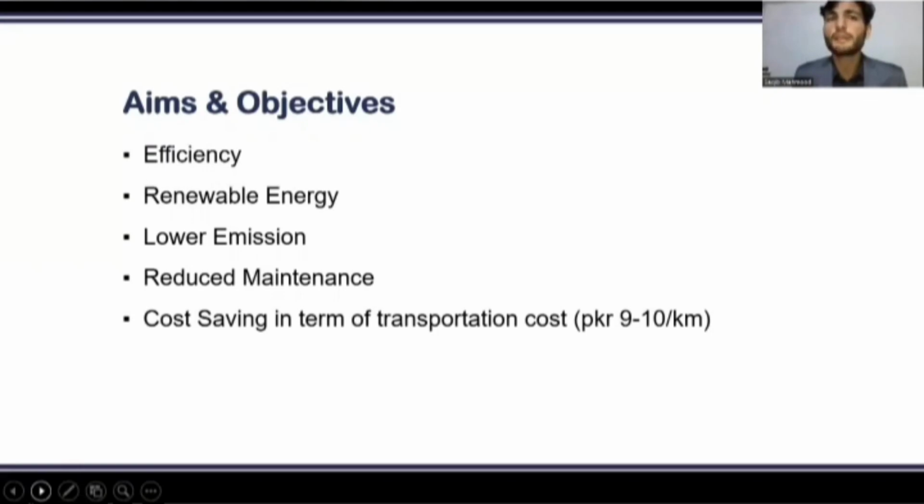It is estimated that an electric vehicle uses 1 to 2 PKR per kilometer to move from one place to another, while an internal combustion engine uses 9 to 10 PKR per kilometer.